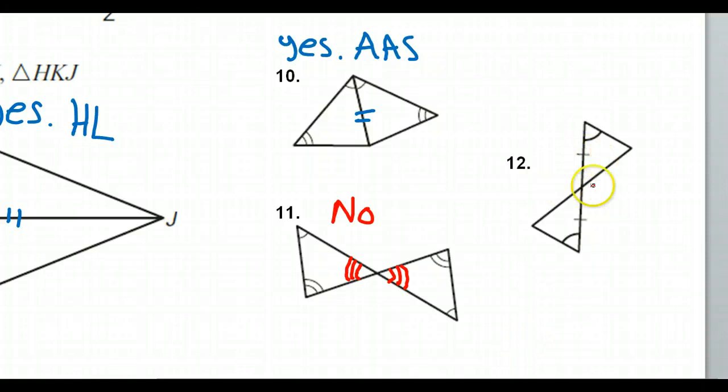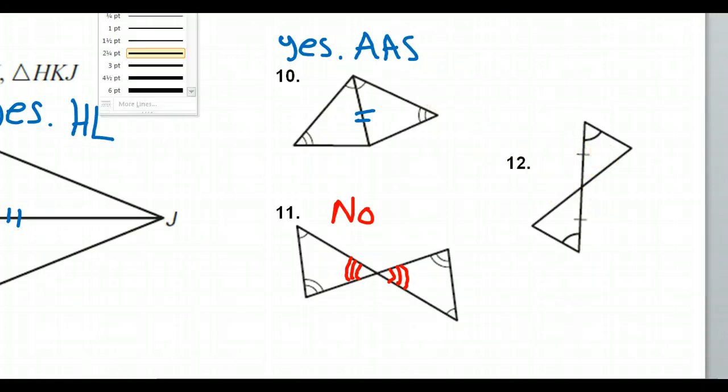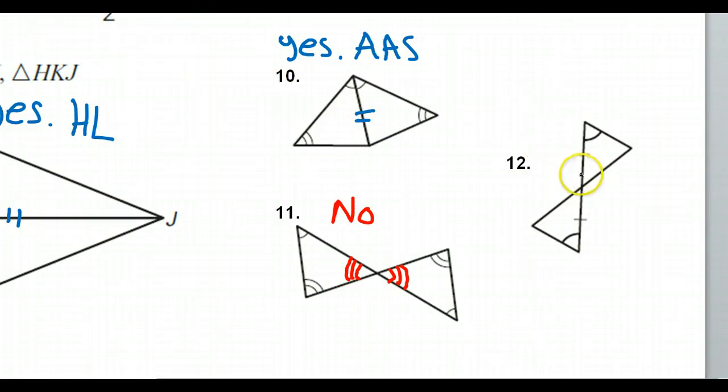Last but not least, leaves number 12. Number 12 is small. I'm going to have to go smaller with my ink size. Vertical angles once again. Vertical angles are equal. So these two angles are equal. Okay? So what have I got?